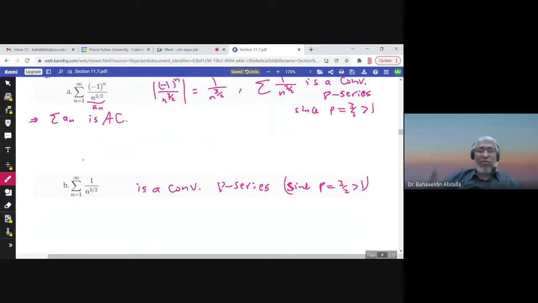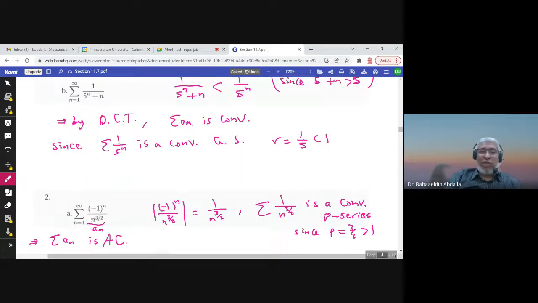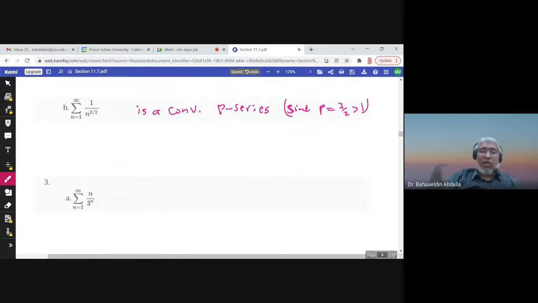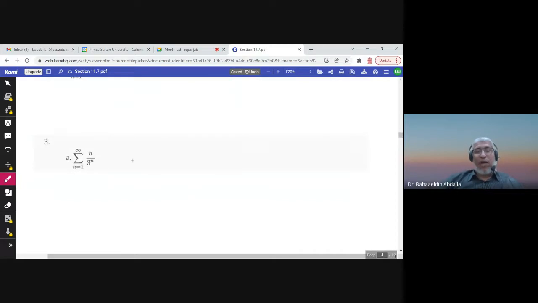So if you take the absolute value, it would be the same. So this is also absolutely convergent. You can mention that it is convergent or absolutely convergent, unless he asks whether it's absolutely convergent or not. It is absolutely convergent.